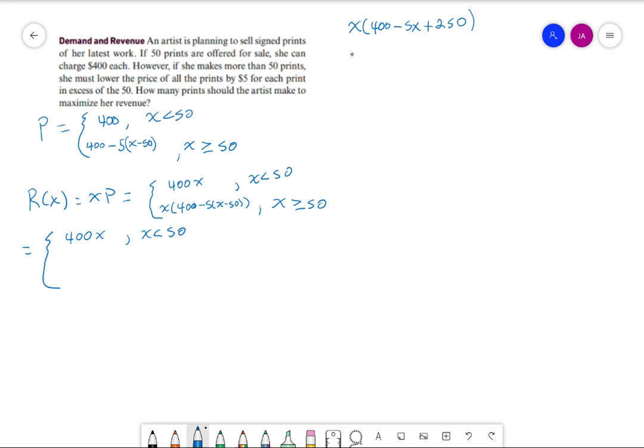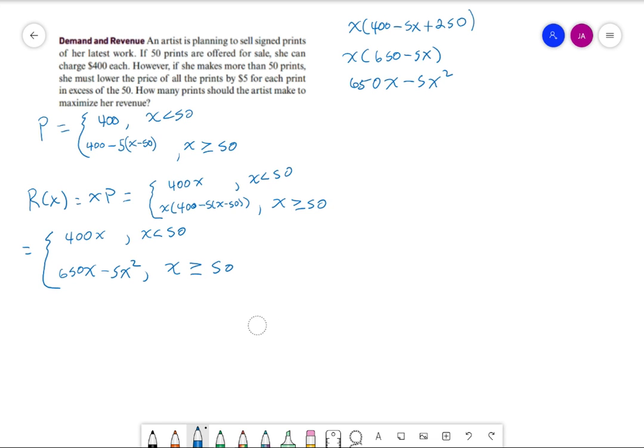And so that's going to give us x times 650 minus 5x, which then gives us 650x minus 5x squared. Alright, so that cleans it all up. 650x minus 5x squared anytime the number of prints made is greater than or equal to 50.